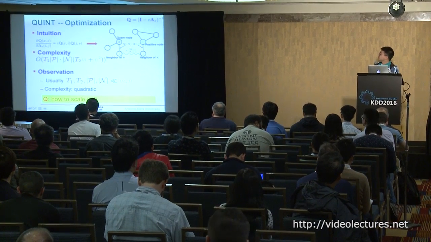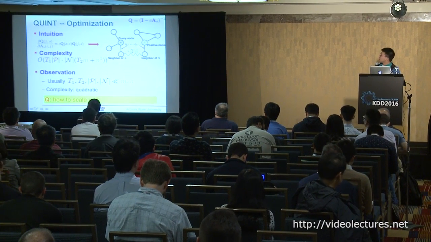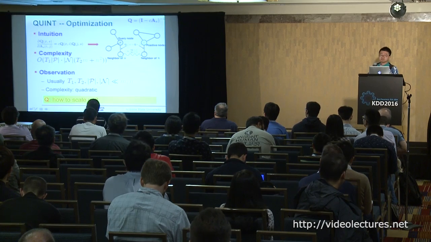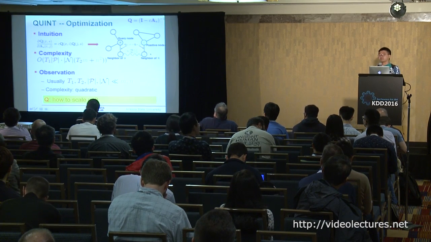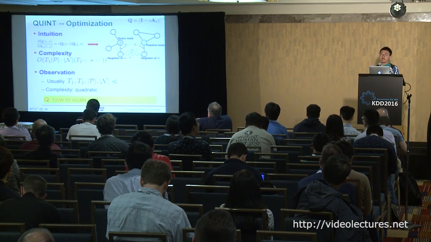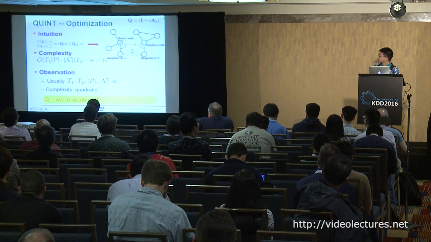In the illustrative example here, given a query node S and a positive node X, how can we update the link weight A_ij?